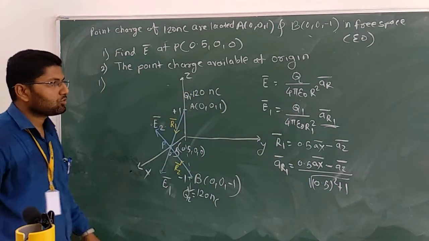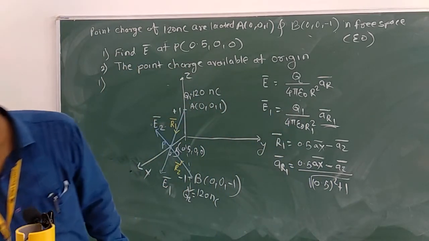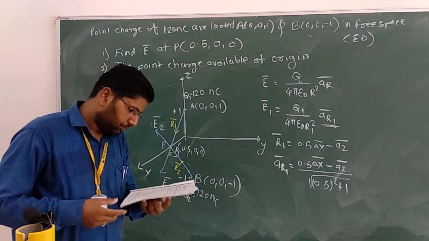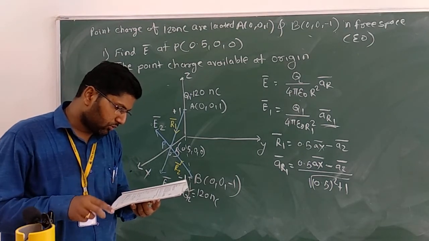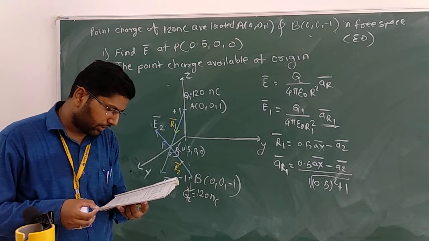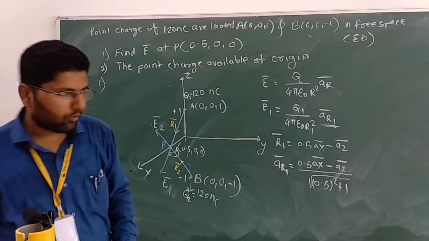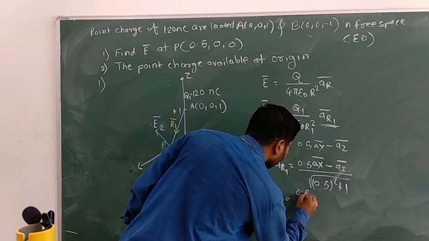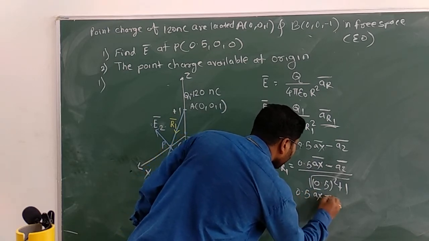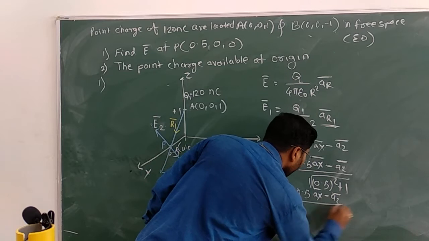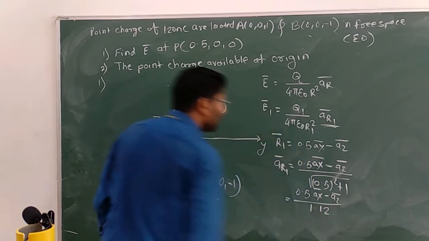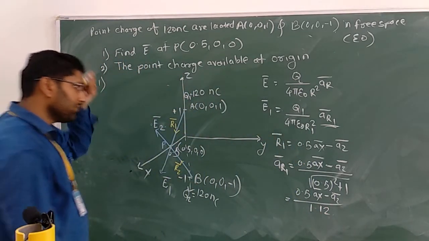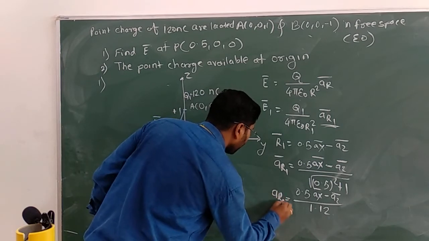Okay. So you do the calculation and tell me what that 0.5 square plus 1 is. If you calculate, it is 1.12. So I will write directly. You do the calculation. 1.12. Okay. So that is AR1 bar.